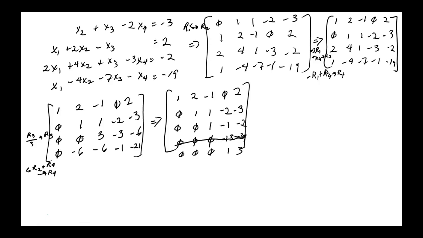So Gauss elimination, back substitution, you start with x sub 4 is equal to 3, and back that up.